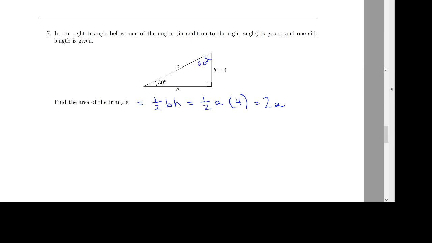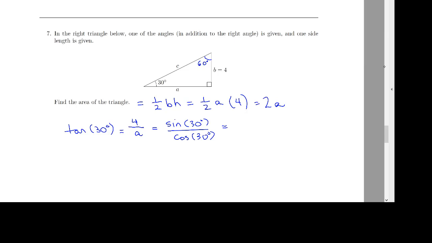The best thing to use here is tangent, because the tangent of 30 degrees is opposite over adjacent. And the tangent of 30 degrees is equal to the sine of 30 degrees over the cosine of 30 degrees.